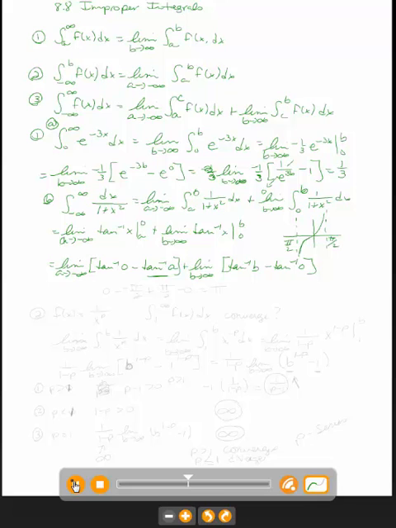So when is it approaching negative infinity? It's approaching negative infinity at negative pi over 2. So this is going to be 0 minus a negative pi over 2 plus, where does it approach positive infinity? When it gets to pi over 2. And so I end up with pi for an answer. So let's look now at example 2.